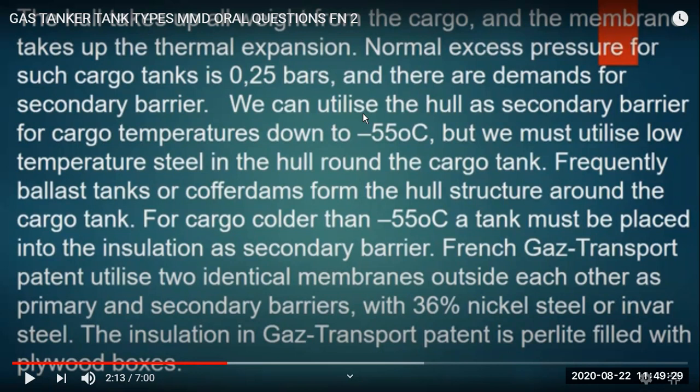We can utilize the hull as a secondary barrier also for cargo temperature down to minus 55 degrees centigrade. But we must utilize low temperature steel in the hull around the cargo tank. So if the cargo is more negative than minus 55, then we can also use the hull as secondary barrier, but the hull should again be made of this steel requirement so that it can take the expansion ratio and does not cause fracture.